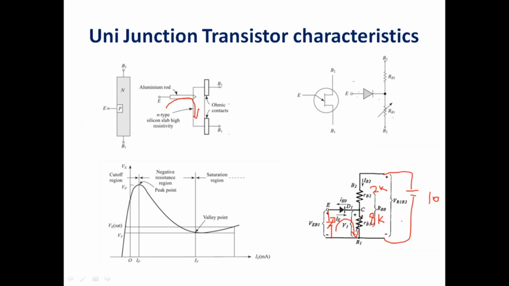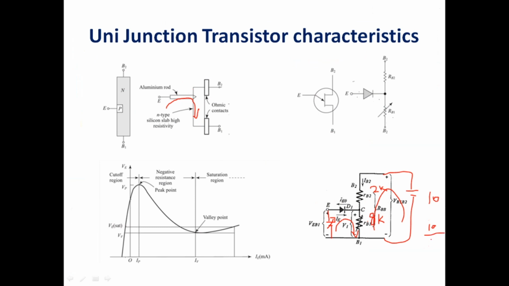See here, the current flowing in this path is 10 volts divided by 2k plus 8k.